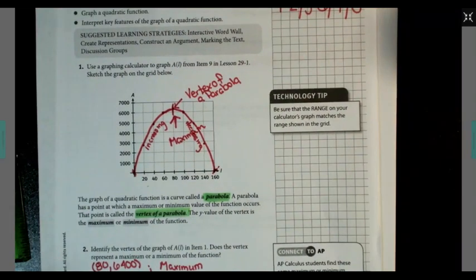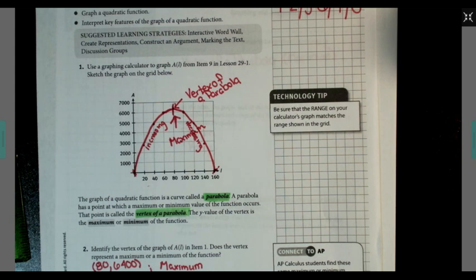Let's take a look at my picture. What domain? What is the lowest x value that could be used for my length? What is the lowest length that we could have? We could have anything up to 0, but cannot be equal to 0. What is the greatest length that we can have?